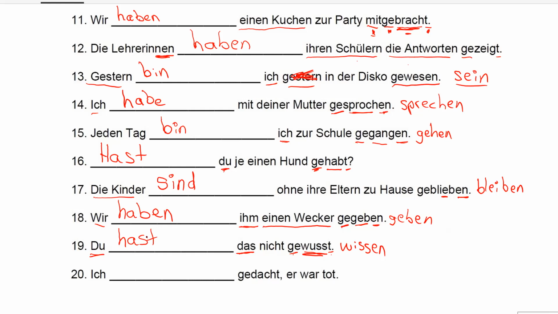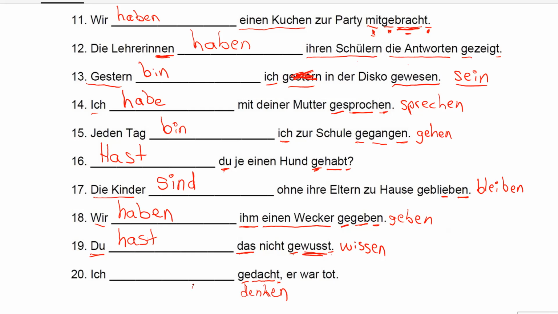And Nummer 20, we have here our past participle GE and a T at the end. This is not a regular verb though, because the original is denken, which is irregular in the stem here, and it goes from denken to gedacht. And denken is one that you can use intransitively, like this sentence is, where there is no direct object.